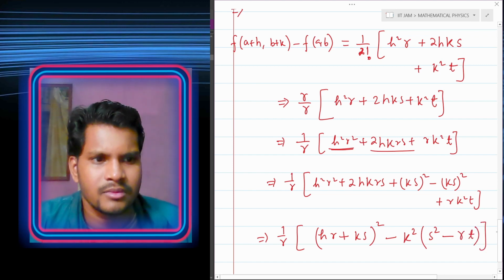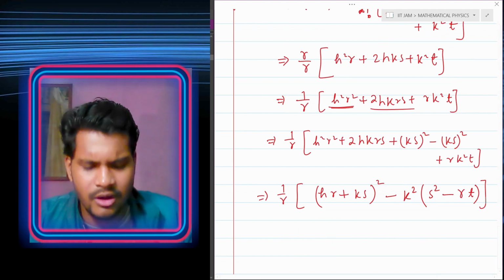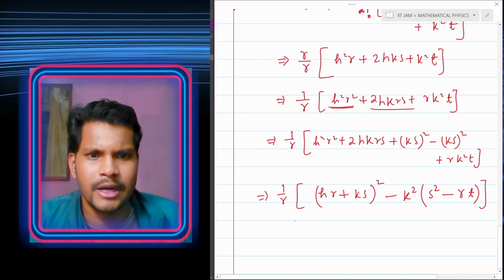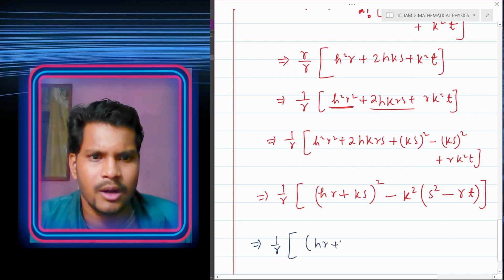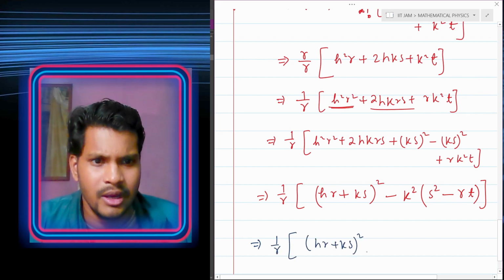Yeah, exactly. Now you understand from here that, let me again do it like this, 1/r (hr plus ks) whole squared, just multiplying this negative sign, I'm going to take it inside.